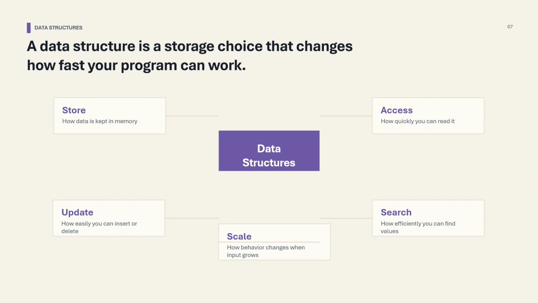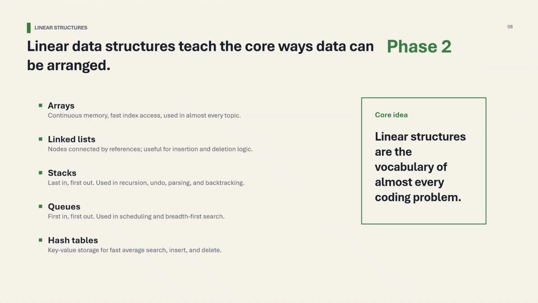So data structures are very important because the way you store the data affects how fast your program runs. So phase 1 is all about building your base. Choose a language, learn programming fundamentals, understand pseudocode, functions, object-oriented programming basics, and get introduced to what data structures are. Now we move to phase 2.